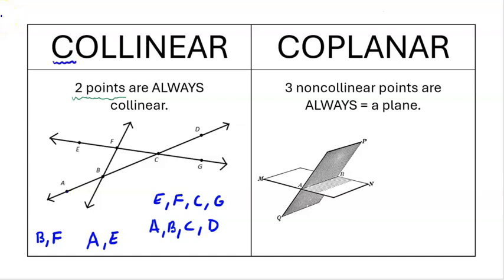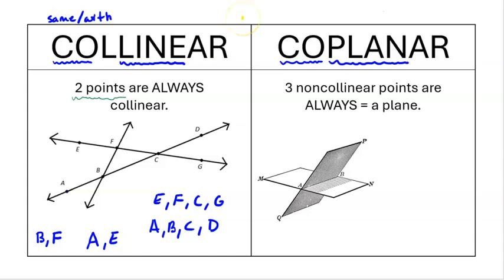So co means same or with, if you're an English whiz, and then we see this word line in linear, so same line. And then coplanar is very, very similar. Co, same or with, and then we have plane in this word here. So coplanar means on the same plane.